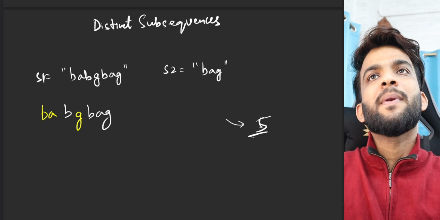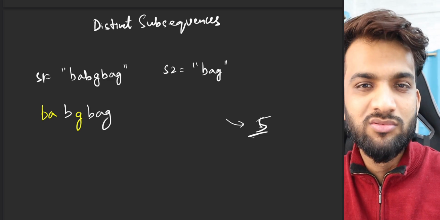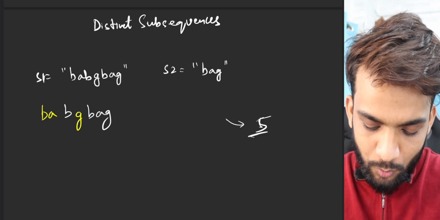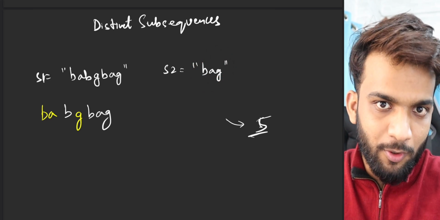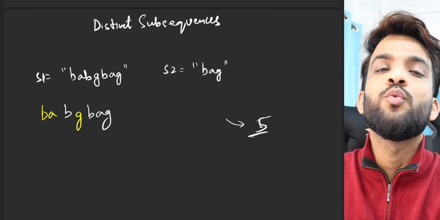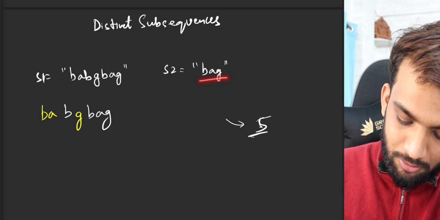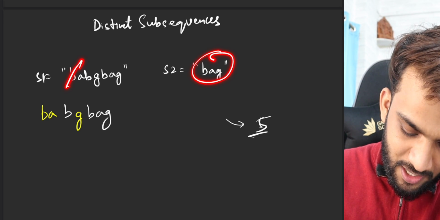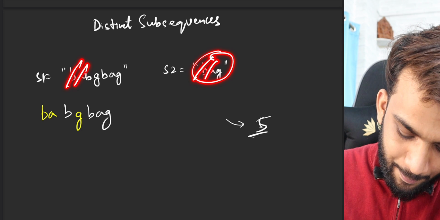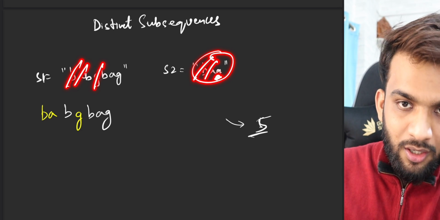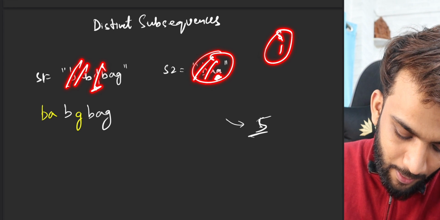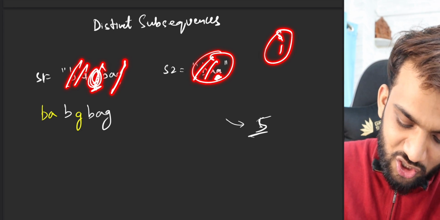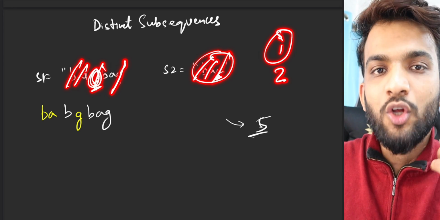Now, why do we apply recursion and why not simple matching? If I have BAG, how do I approach this problem? My generic point of view will be, straight away let's take BAG and try to compare. B gets compared, A gets compared, next G gets compared over here. So that will be one occurrence. But you could have said, I will not compare this G, and I'll compare this G with this G. That'll be another occurrence.